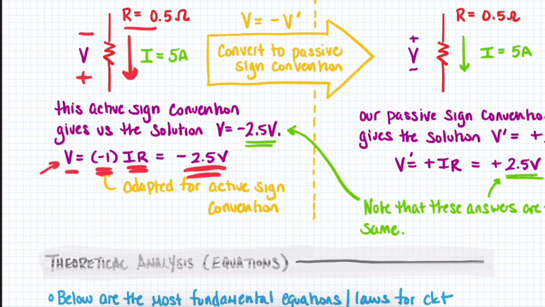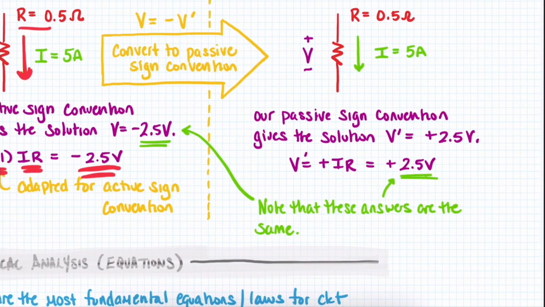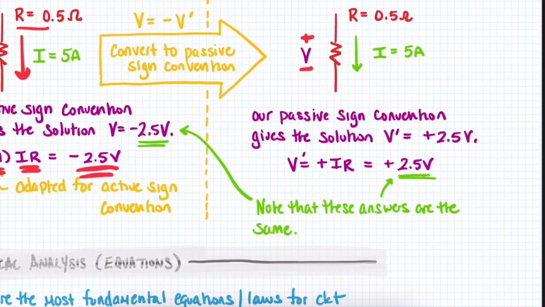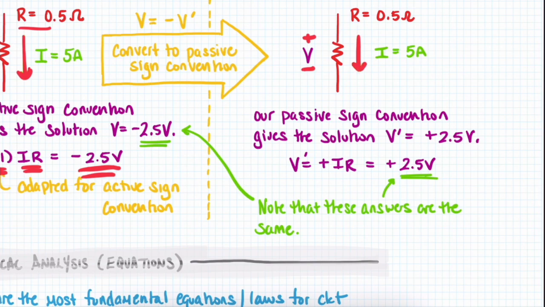Now we can try doing the same problem with the passive sign convention. So we flipped our sign for V as compared to the left-hand side. Now the current is flowing from the positive to the negative terminal, and I'm going to call this V prime. And so our passive sign convention gives us the solution of positive 2.5 volts, right? Because now V equals positive IR. But these conflict.